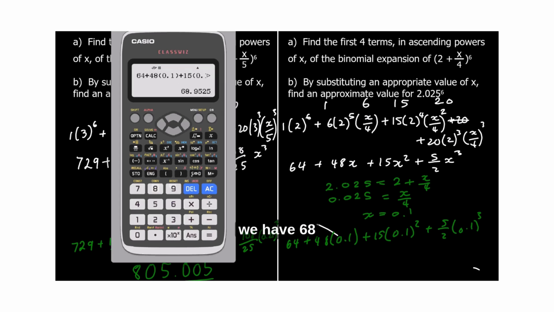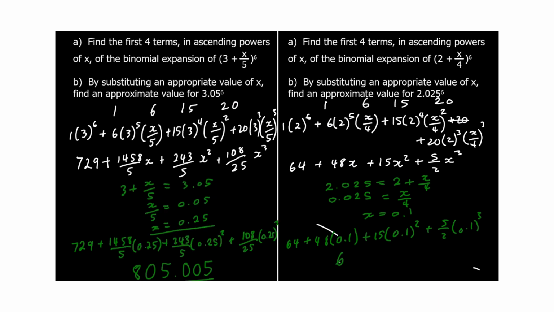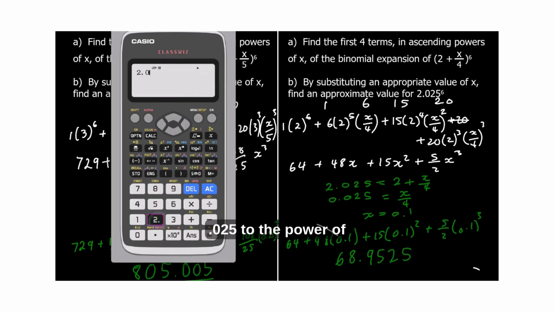So we have 68.9525, and it was 2.025 to the power of 6 that we were approximating. So 68.9525 2355.